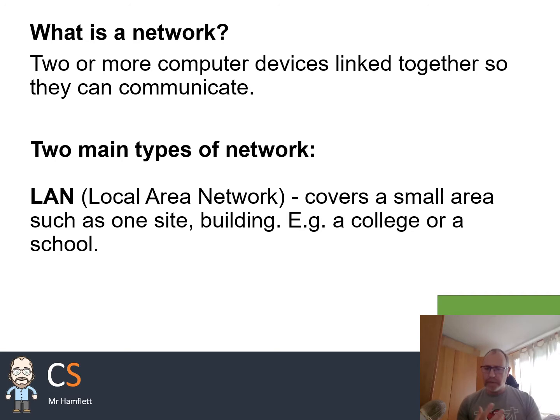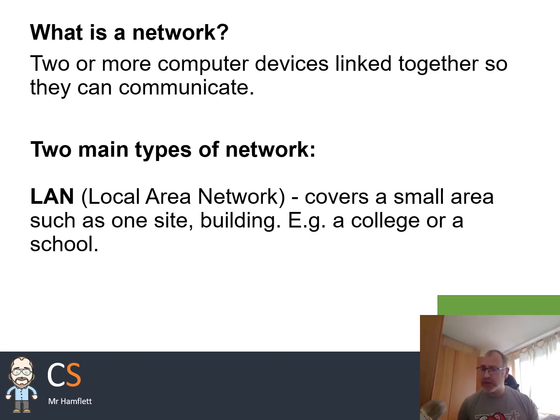And there are two main types of networks that we are going to consider. Okay, the first main type is a local area network. Now this is the type of network you will have at home and also in school. It will cover a small, okay, small geographical area. Now when we say small, this is relative. So when we say small, we could mean an entire site like a school or even a university.